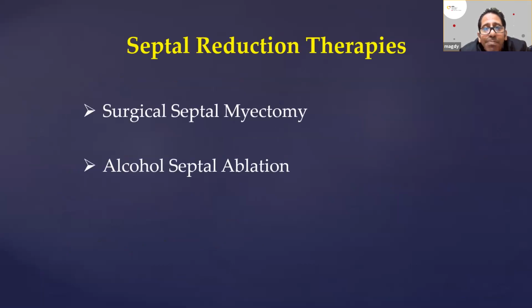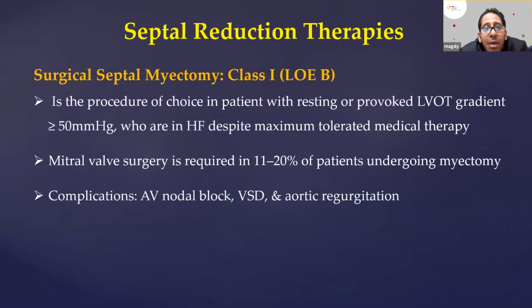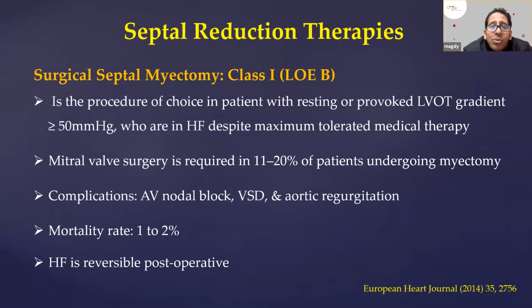What about septal reduction therapy, surgical myectomy, or alcohol septal ablation? Surgical septal myectomy is considered class 1, level of evidence B, and it is the procedure of choice in patients with a resting or provoked gradient of more than 50 millimeters of mercury who are in heart failure despite maximum tolerated medical treatment.